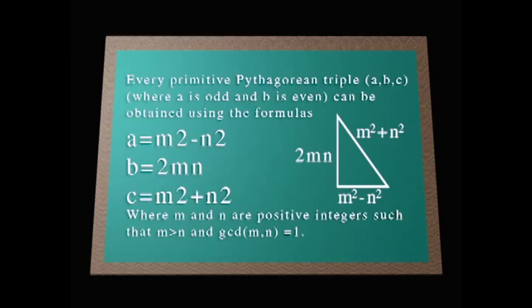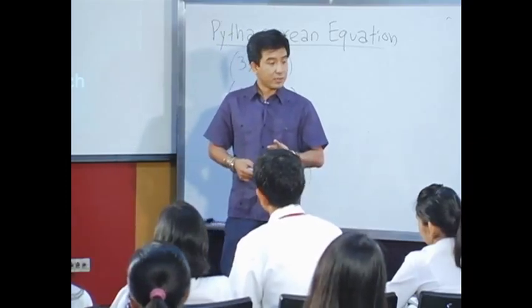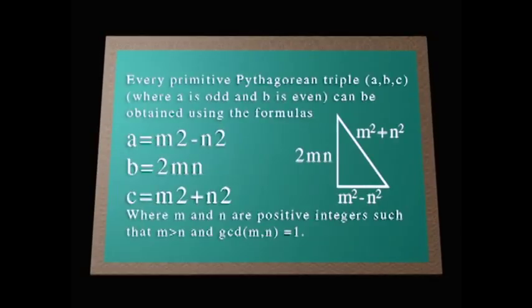Here m and n are positive integers such that m is greater than n, and the GCD of m and n is 1. This means that we can choose any two integers m and n that satisfy this, and we have a solution to the Pythagorean equation.